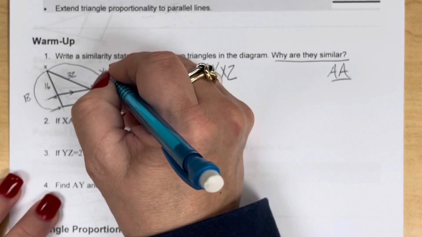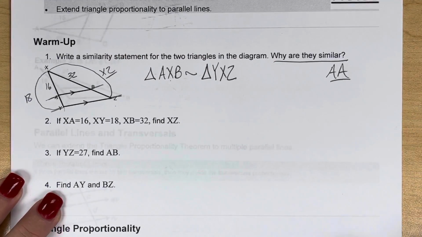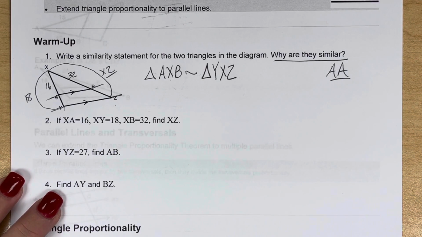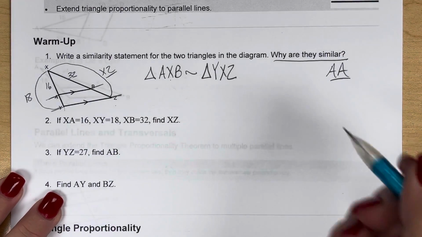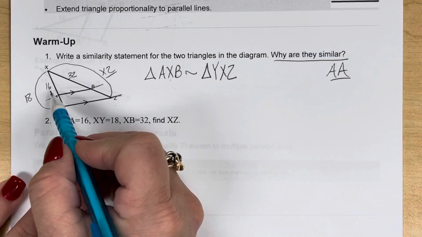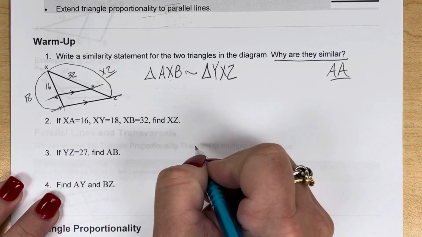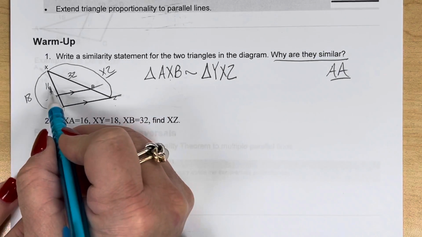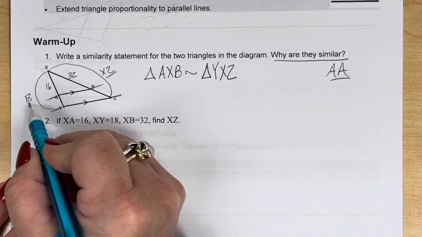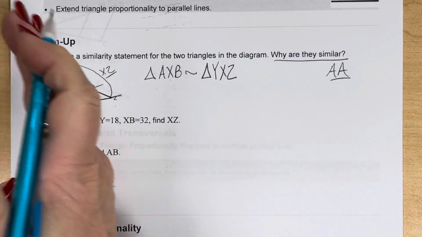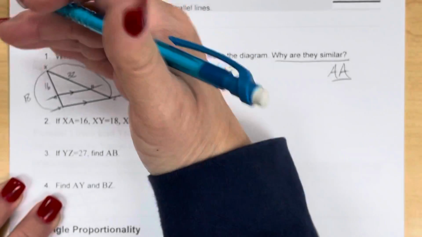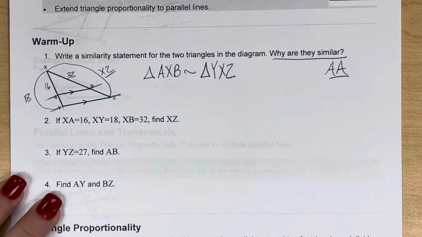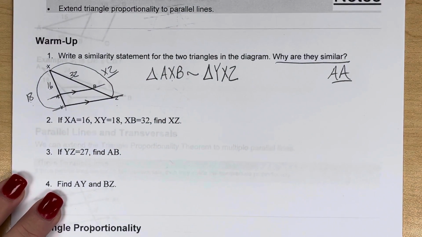They're wanting you to find XZ. So you would just set that up with a proportion. And it doesn't matter exactly how you set it up. I'm going to set it up using the two sides on this side of the triangle and then this side of the triangle, although there could be several different ways to set that up.